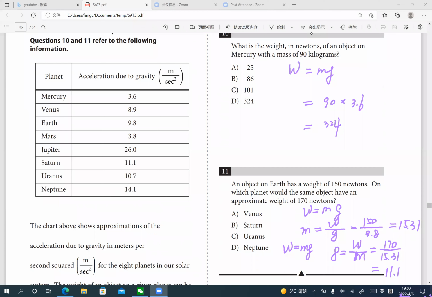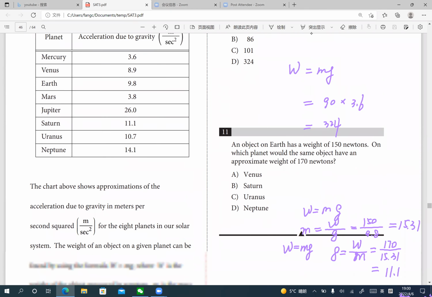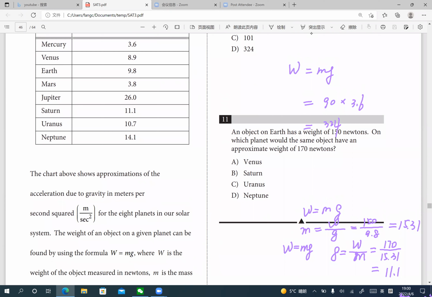Questions 10 and 11 refer to the following information. The chart above shows approximations of the acceleration due to gravity in meters per second squared for the 8 planets in our solar system.